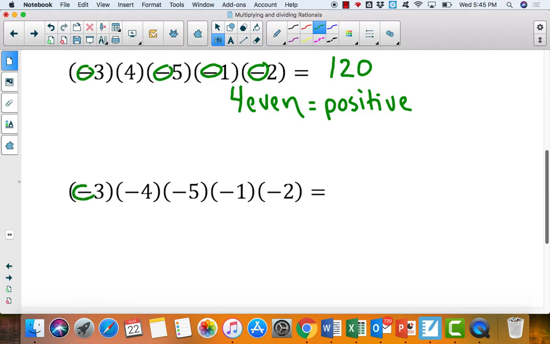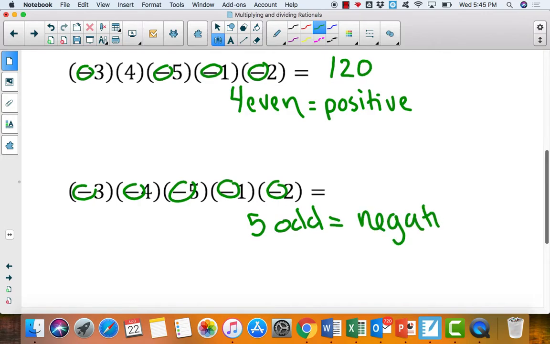I have 1, 2, 3, 4, 5 negatives. 5 is odd. That means that my solution is going to be negative. Now the numbers didn't change, so the product is going to be the same. It's still going to multiply out to be 120, but it's going to be a negative 120.